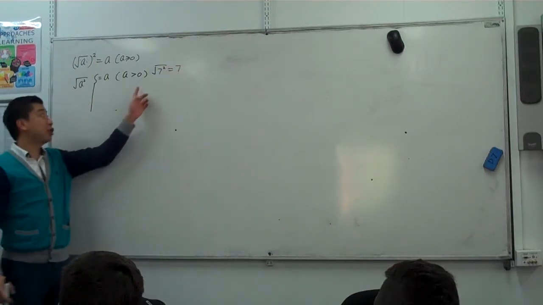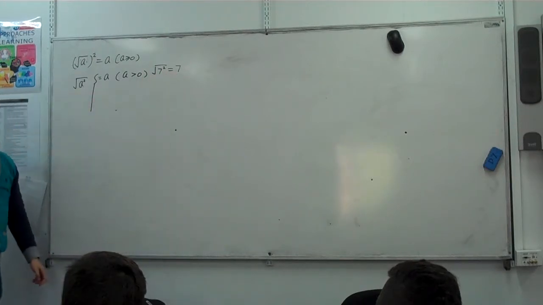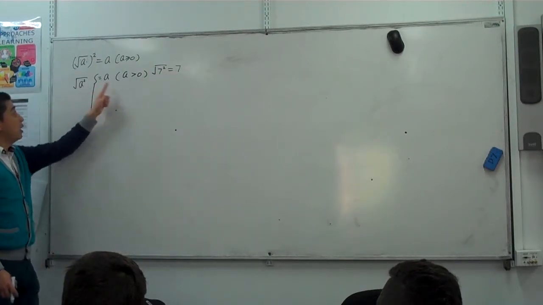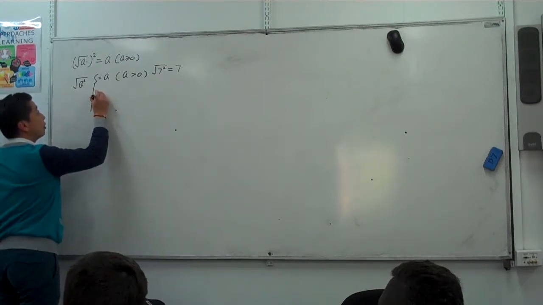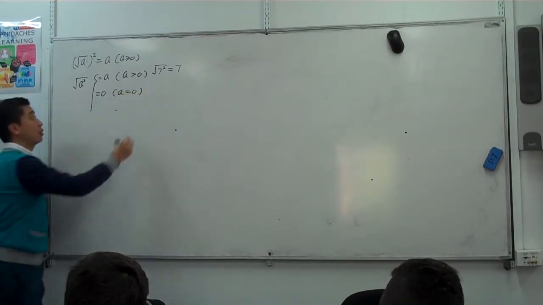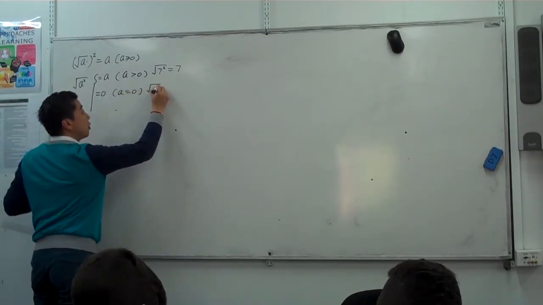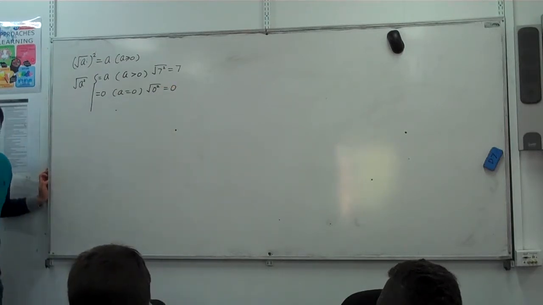The reason is you square that and you square root, so that is still the original number. So a, they are equal. Now if a equals 0, so the answer is 0, because square root 0 squared is 0. We don't have positive and negative.